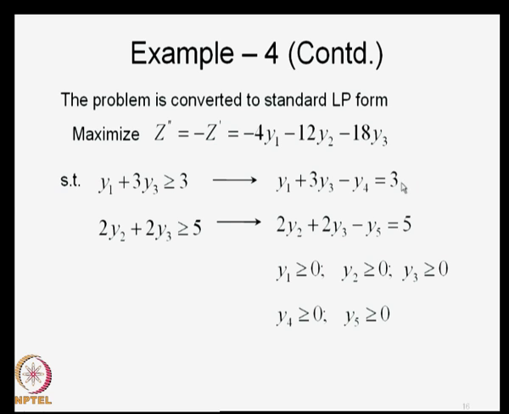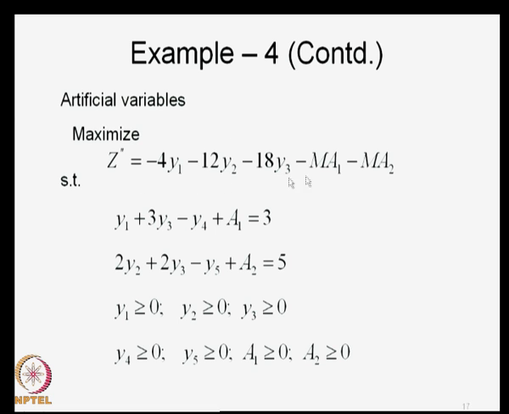So, we associate an artificial variable a 1 here, artificial variable a 2 here, and then penalize the artificial variables in the objective function. This is just what we did earlier, except that this is the first time I am demonstrating a problem which has more than one artificial variable. So, you have two artificial variables, one associated with each of the constraints. We start off the computations with these artificial variables.